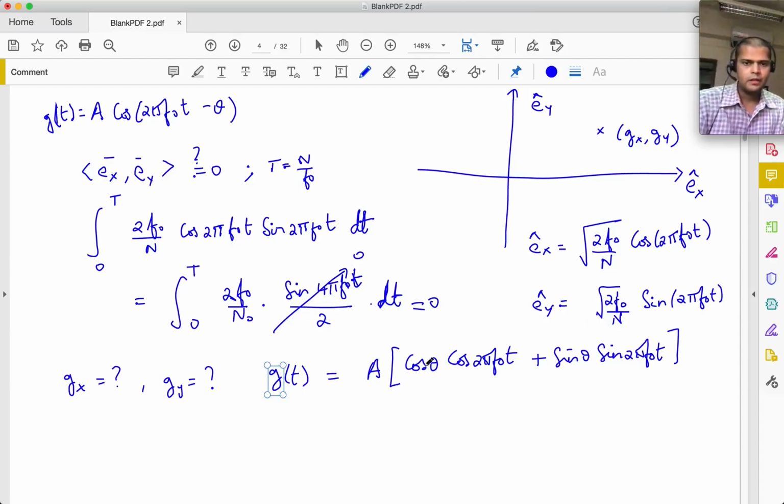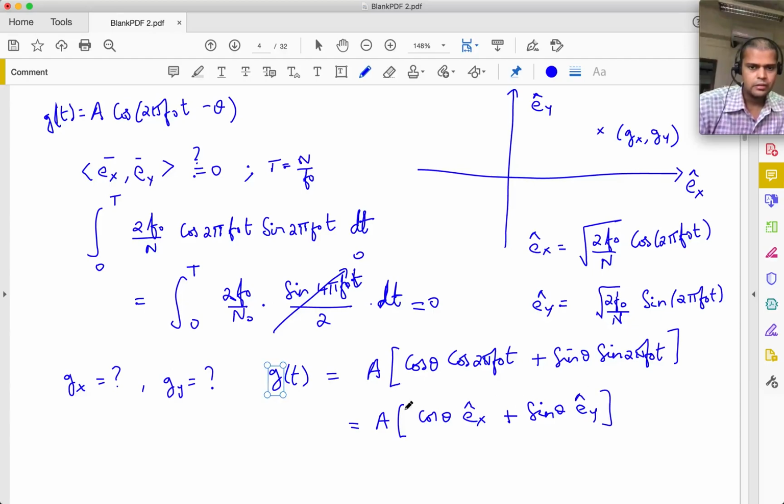Expanding, and let's write it in terms of ex and ey, because we are familiar with those. We know that ex dot product with itself should give 1. So we are left with a times cos theta ex plus sin theta ey, but we have to divide by this factor over here, root 2f0 by n.